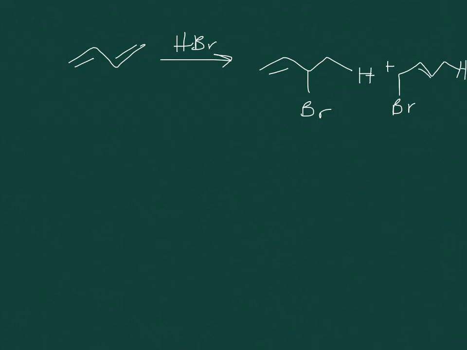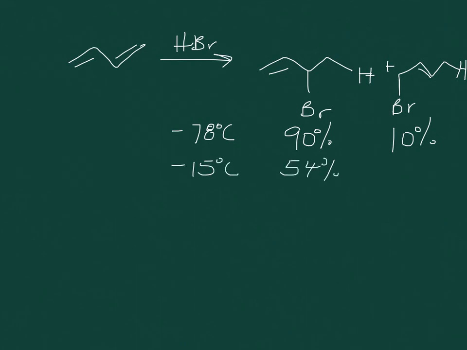There are two products, and at negative 78 degrees Celsius, we'll have 90% of this alkyl halide and only 10% here. And if we increase the temperature to negative 15 degrees, we can shift that balance.